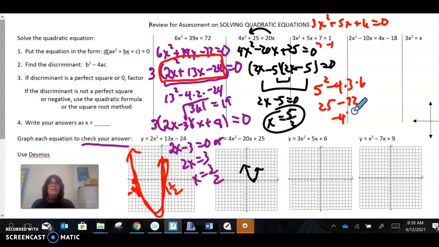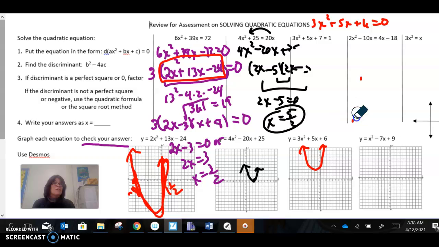I get a negative under the square root. I wonder what that graph looks like. Oh, it never is going to equal 0, is it? We used to write no solution. But last week we learned that there are something called complex numbers. So we do have to go on and solve this.